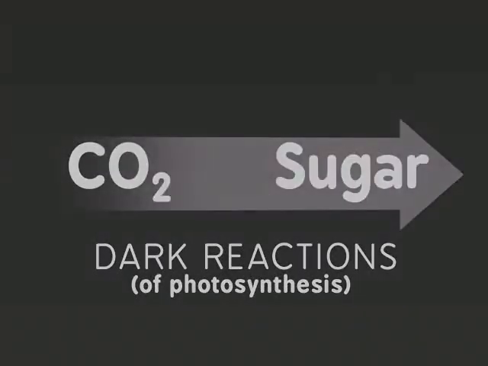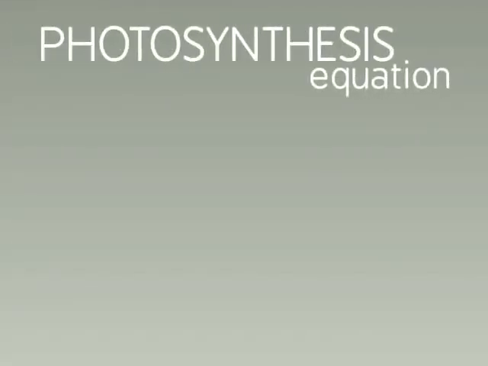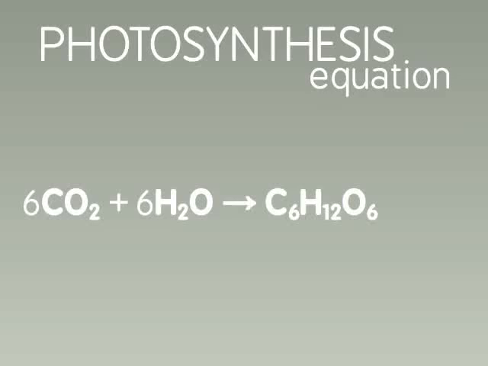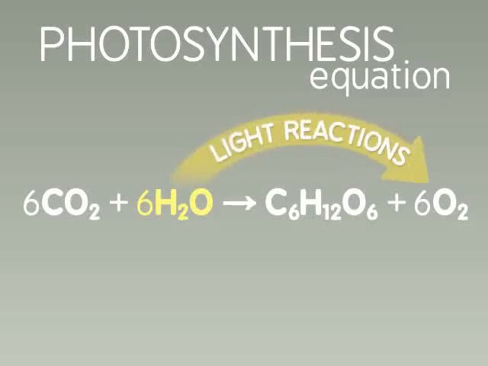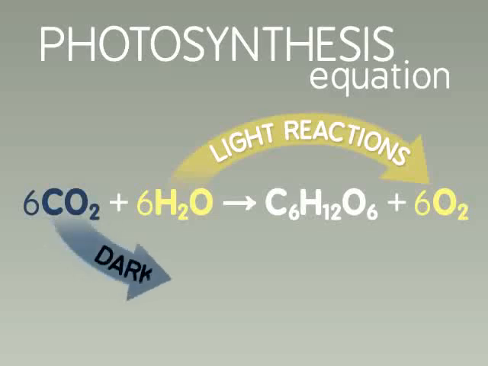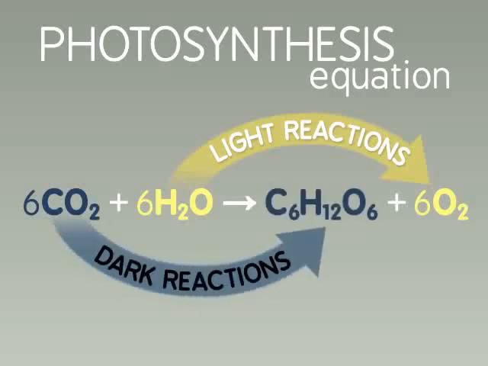The overall equation that represents the photosynthesis process is carbon dioxide plus water gives a simple sugar, such as glucose 6-phosphate, plus oxygen. The water molecules seen in this equation are consumed in the light reactions to yield oxygen. The carbon dioxide molecules are used in the dark reactions to yield sugar.